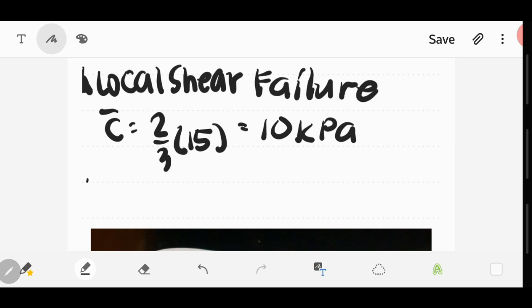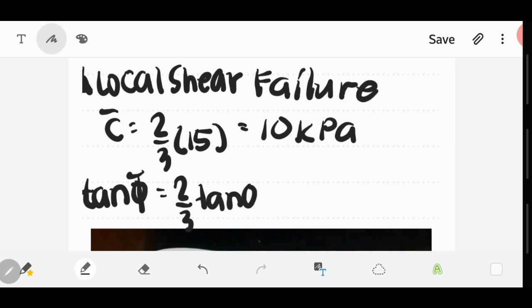Next, your tan phi bar is equal to 2/3 tan phi. And then your phi bar is the inverse tangent of 2/3 tangent of 20.